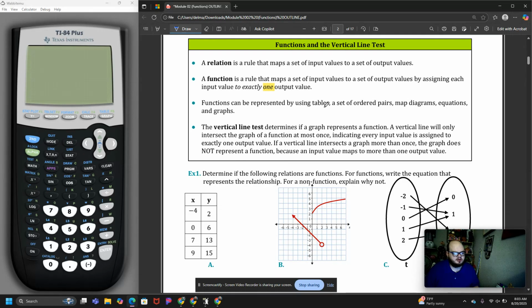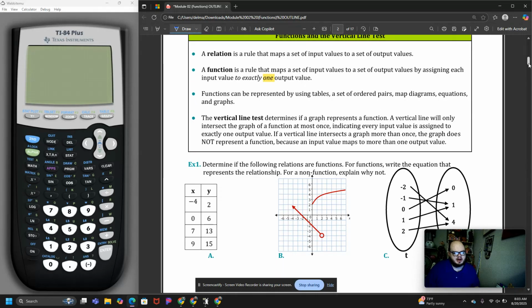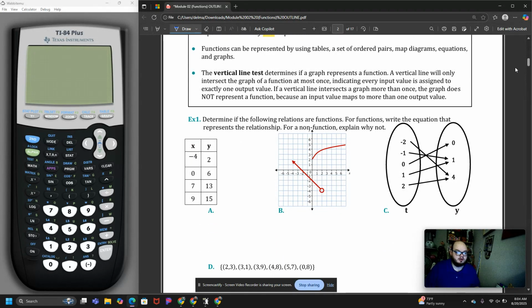Functions can be represented by using tables, a set of ordered pairs, maps, diagrams, equations, and graphs. So you really have a bunch of different ways to see these in a bunch of different representations. Some students will love one representation more than another.